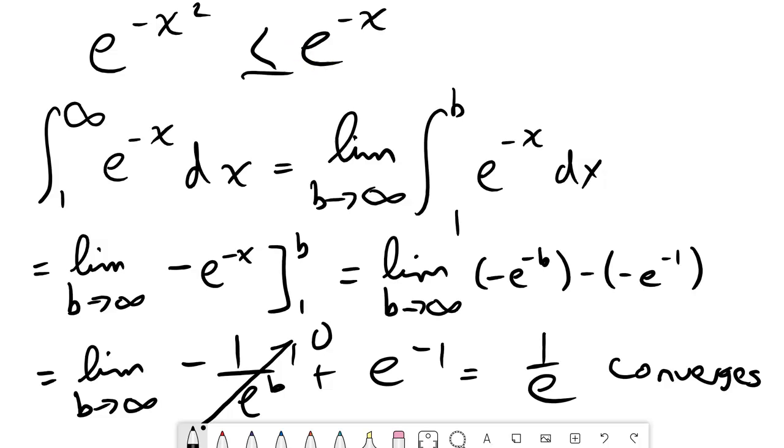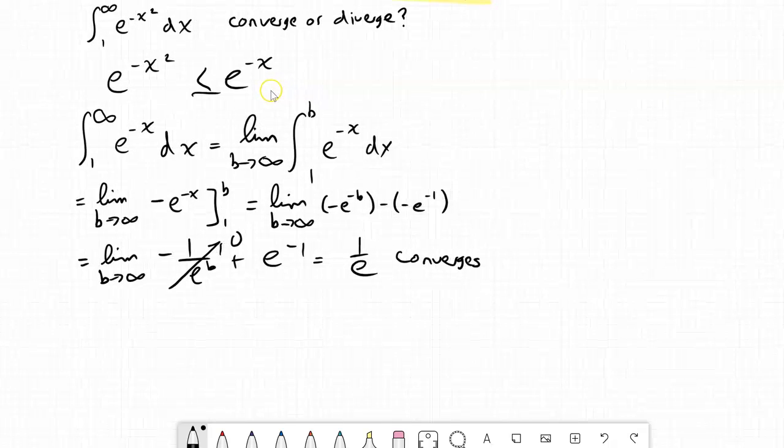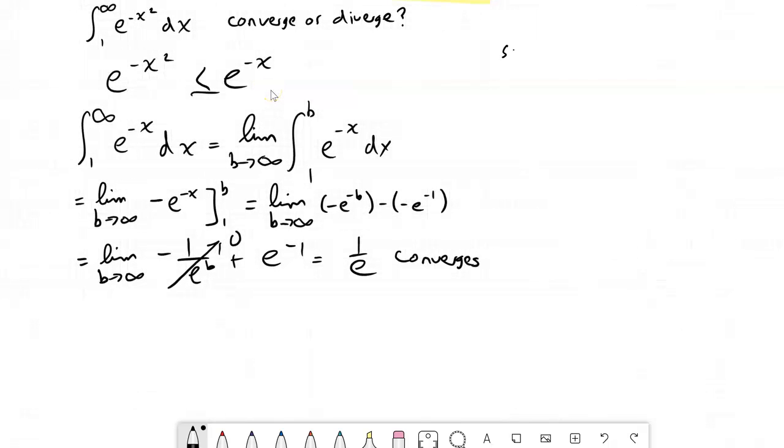So the point I want to make here is, I'm going to zoom out first. The point I want to make is, since e to the minus x is always bigger or equal to e to the minus x squared, and the integral of the one that's bigger converges, that means the integral of the same bounds, right?